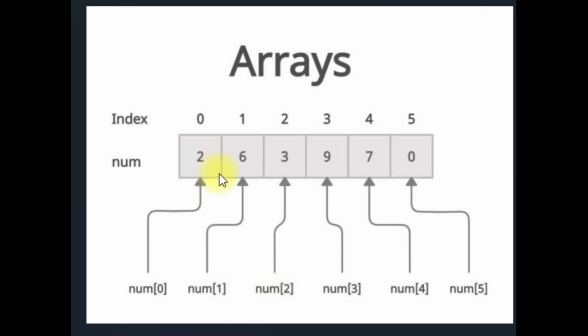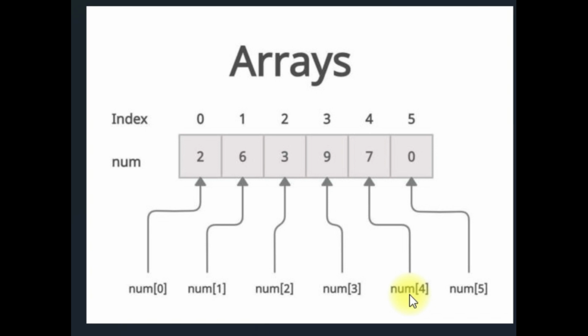If I want the number 2, because it's the first value of the array, I put the number 0 inside the brackets. It's very important. The index of the array begins at 0, not at 1. Okay? Now we know what's an array.